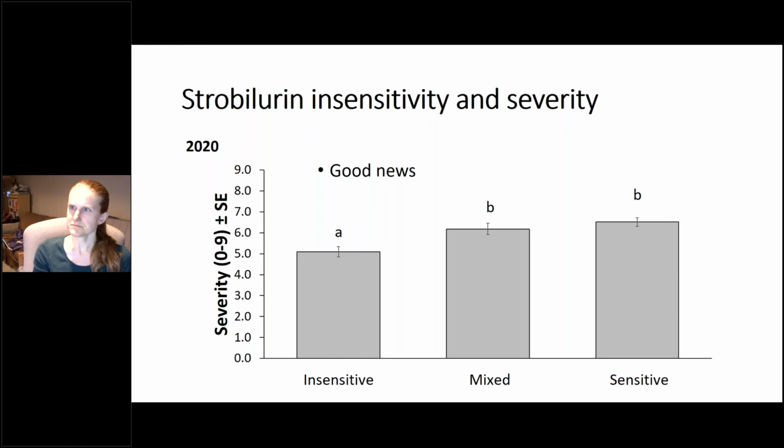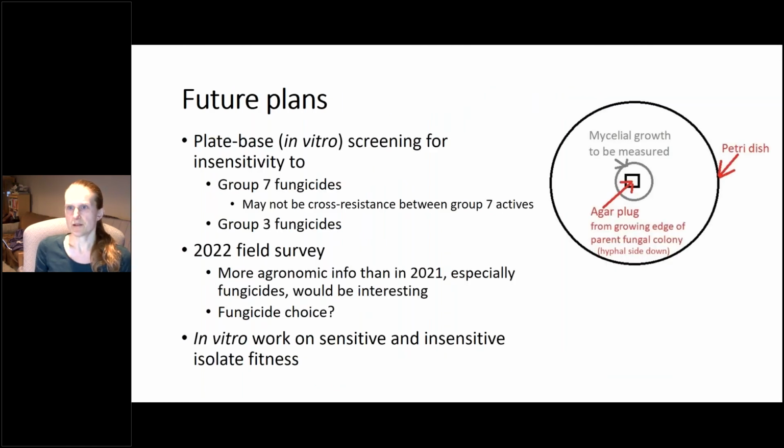And so that brings me to my future plans for the research. We're working on screening for insensitivity to especially group 7s. If you remember the work by Insight Plant Health, there's a suggestion that perhaps group 7 is not working as well as it could, or isn't that effective against anthracnose.